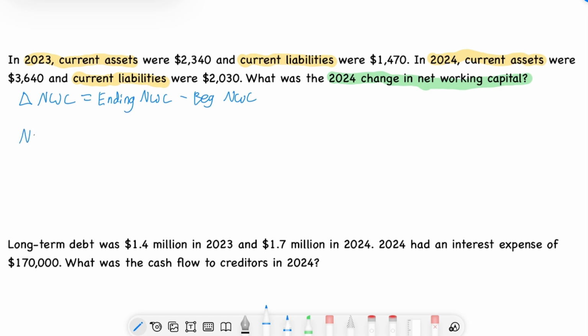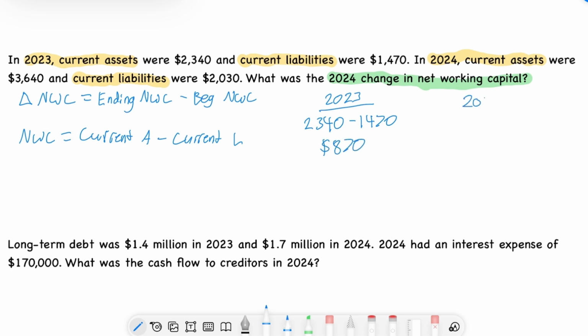We also have a net working capital equation of current assets minus current liabilities. So we've got 2023 right here, and that's going to be 2,340 minus 1,470. That's going to give us a net working capital in 2023 of $870.